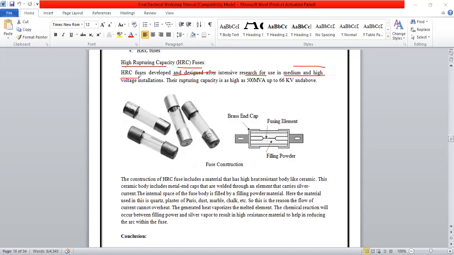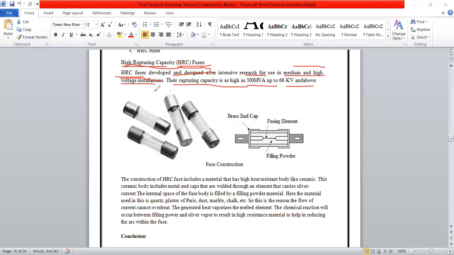Now, the HRC fuse was developed and designed after intensive research for use in medium and high voltage installations. The rupturing capacity is high, as its name suggests, and it becomes 500 MVA up to 66 kV and above.